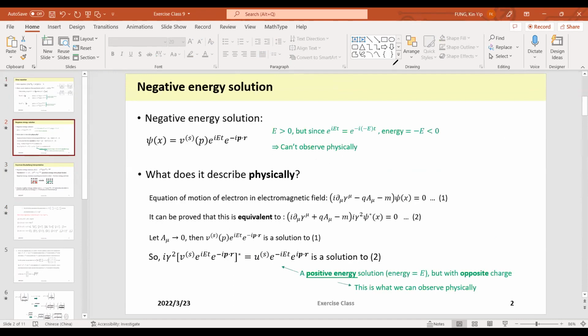As I said here, we have two positive energy solutions and two negative energy solutions. And for these equations, we also have two positive and two negative. And what we can see in reality is these four.